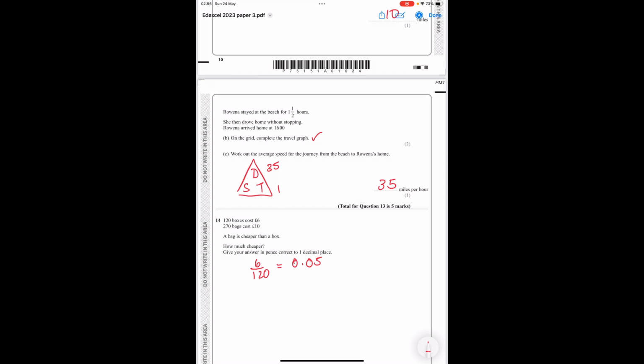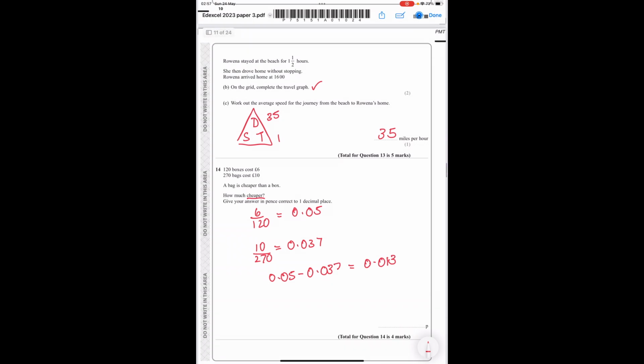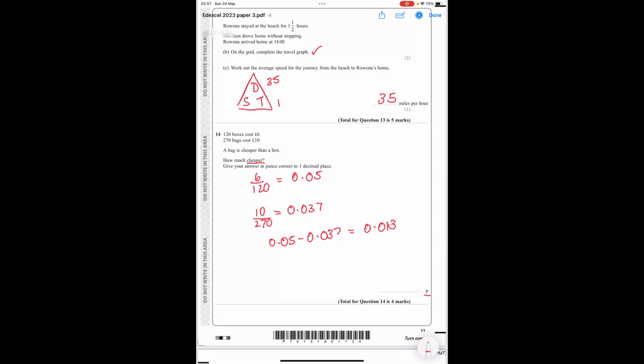For the bags, we had 10 divided by 270, and that gave us 0.037. Now, how much cheaper it's asking us? So 0.05 minus 0.037 gives us 0.013. So the answer is in pence, so it's going to be 1.3 pence.